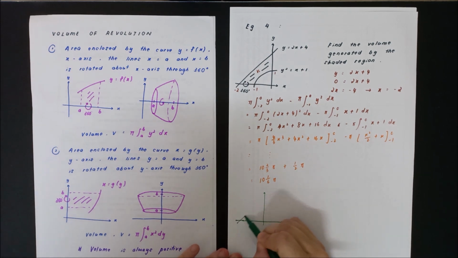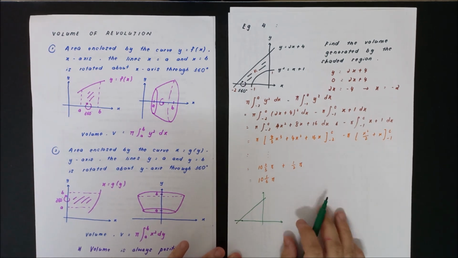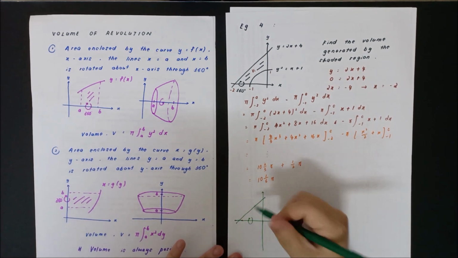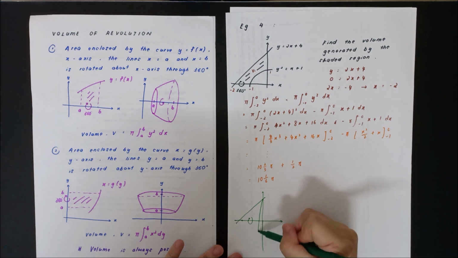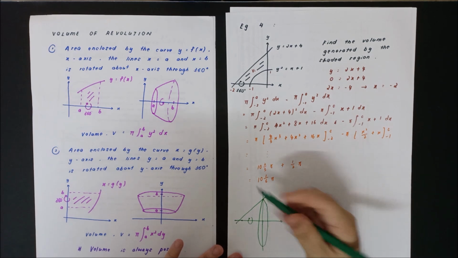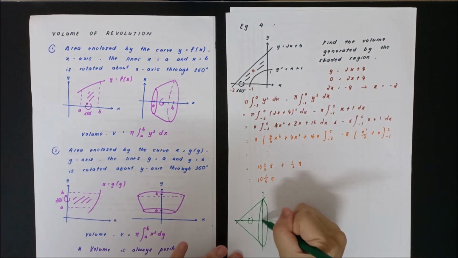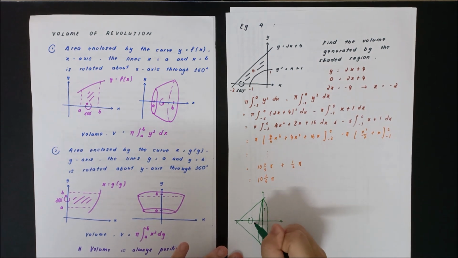You have a line like this. When it rotates, you will be getting a shape like this. It's the same thing, it's going to be a cone also.